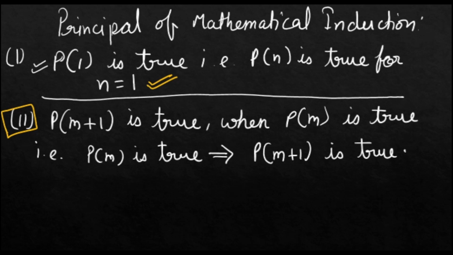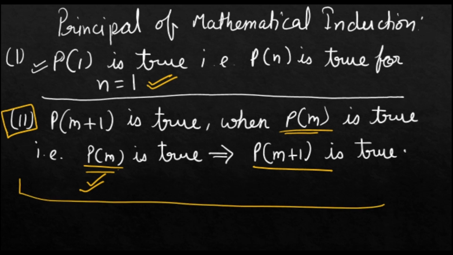So for this we will take Pm, because if Pm is true, then Pm plus 1 is also true. If all this is proven in the binomial theorem, then Pn is true for all natural numbers. So previously it is proven that P1 is true.